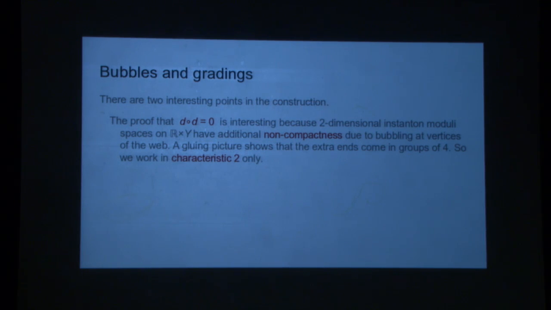It relies on the fact that if you look at the gradient trajectories between 2 points whose index differs by 2, after dividing by translations, you'll have a 1-parameter family of these, and the non-compactness in that family is exactly due to a gradient trajectory between, say, index 0 and 2 breaking up as a composite trajectory through an intermediate index 1 critical point.